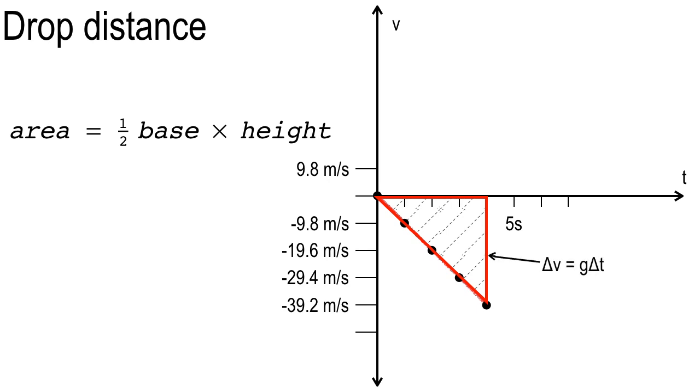And this vertical side here is g delta t. g is the symbol that we customarily use for the acceleration due to gravity on the surface. I mean, we use it all the time. It doesn't have to have its own symbol, but it's acquired its own symbol, little g, for the acceleration due to gravity at the surface of the Earth.